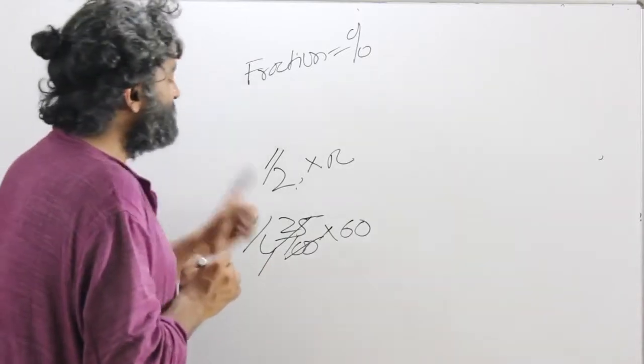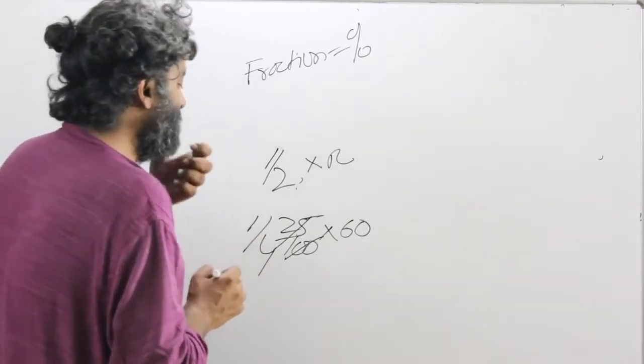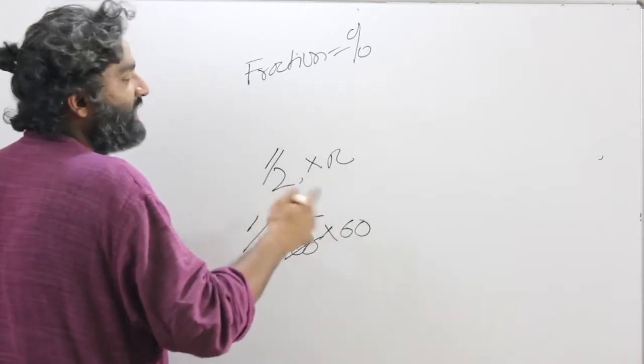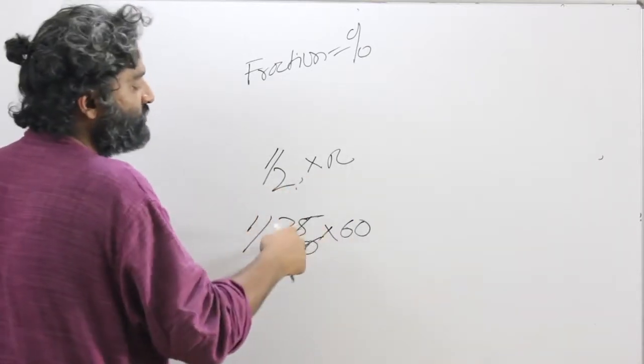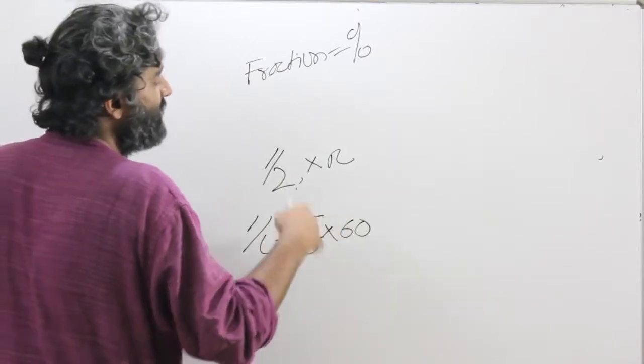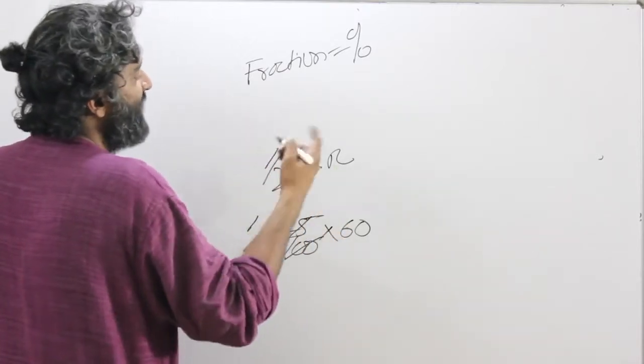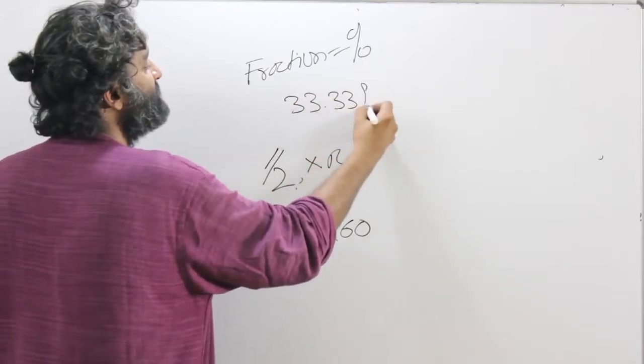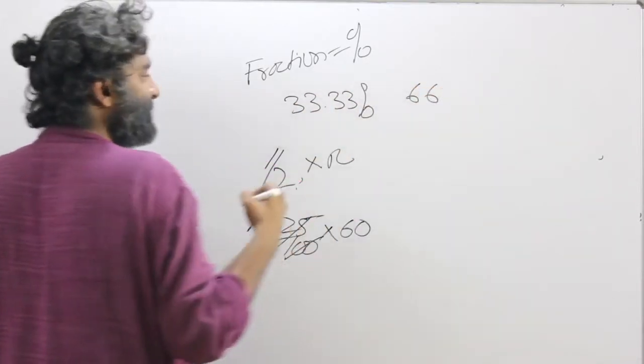Once I notice this idea, some of my calculations can become faster, and not only that, we'll be able to form multiplying factors using this information, which we'll see in a minute. For example, in terms of calculation, if I were to ask you to find 33.33% of 66, let's say.